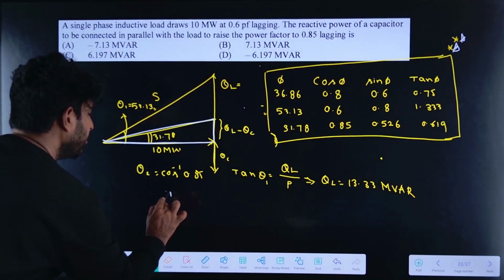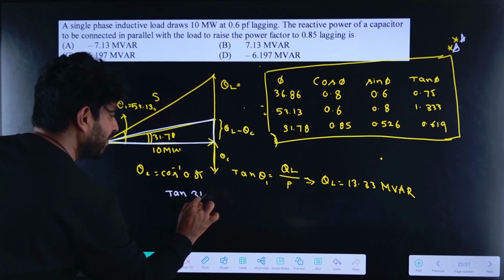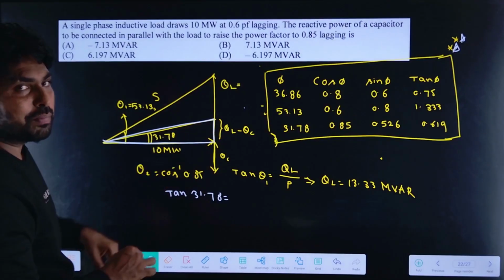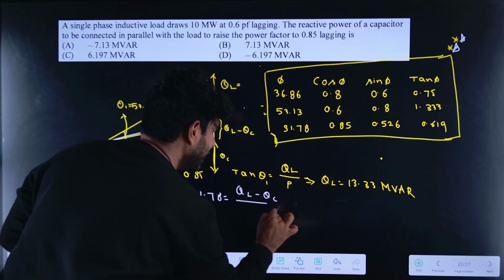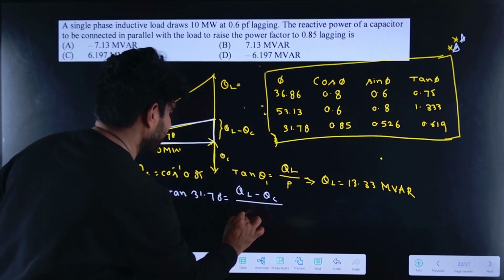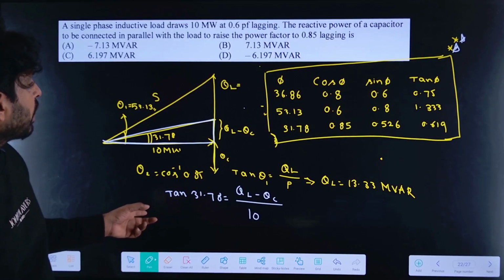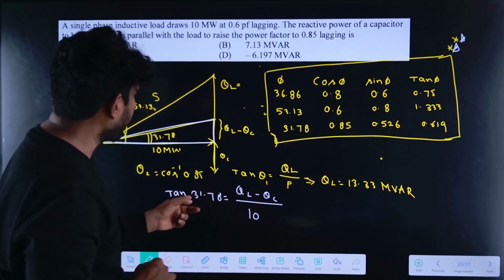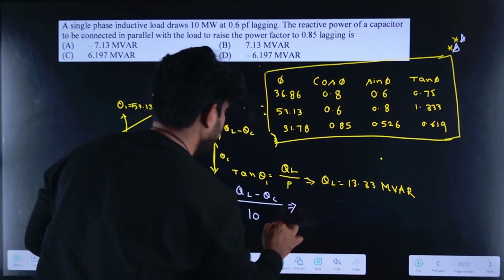So tan theta 2 equals QL minus QC divided by 10 megawatt, which is 0.619, so QL minus QC equals 6.19.